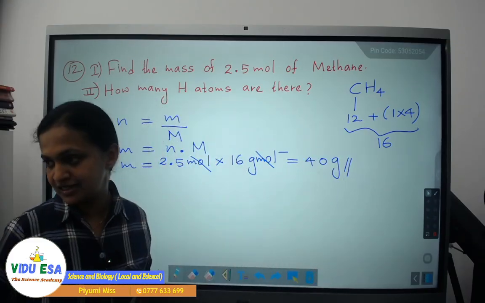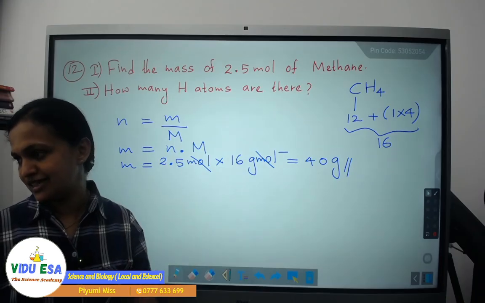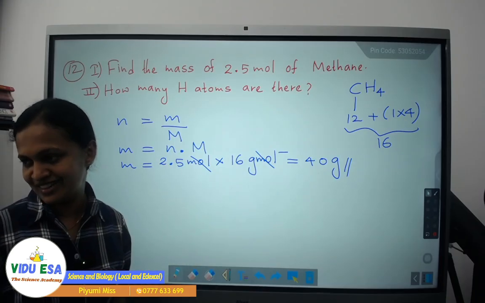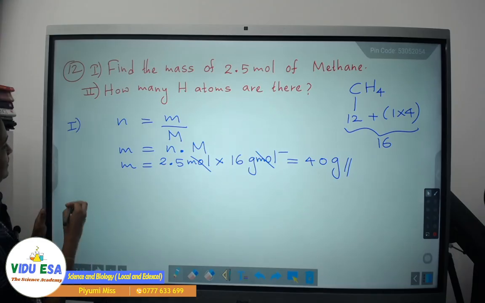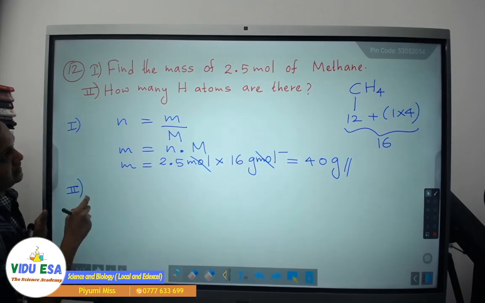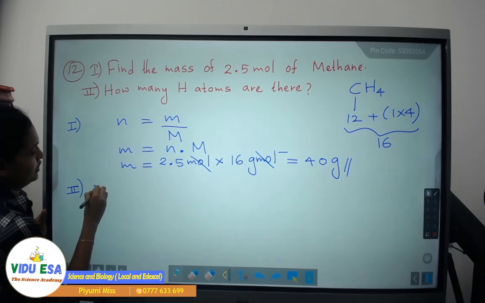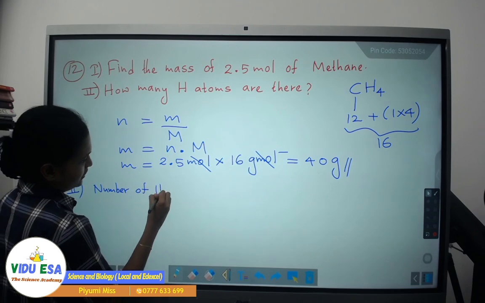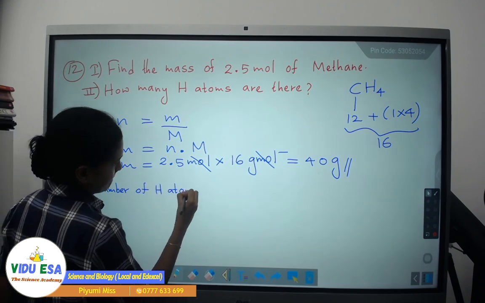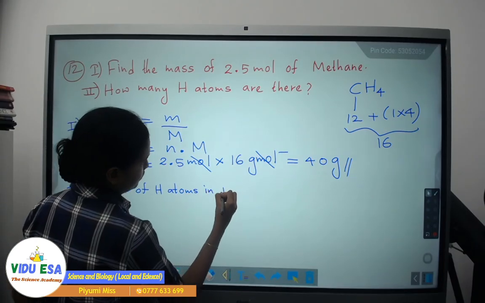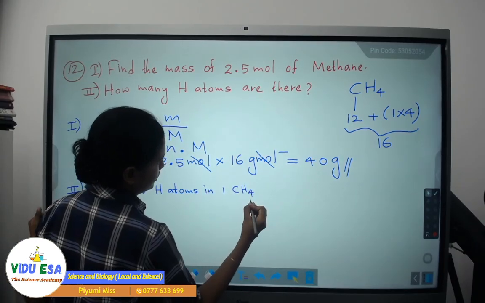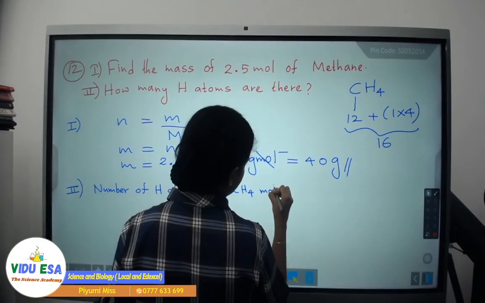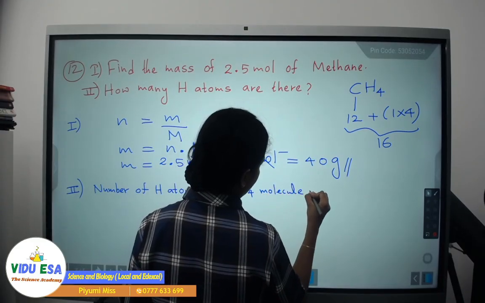Did you get it? Now everyone should have it. Yes. Okay. Then how many hydrogen atoms are there? So the number of hydrogen atoms in one CH4 molecule is 4.